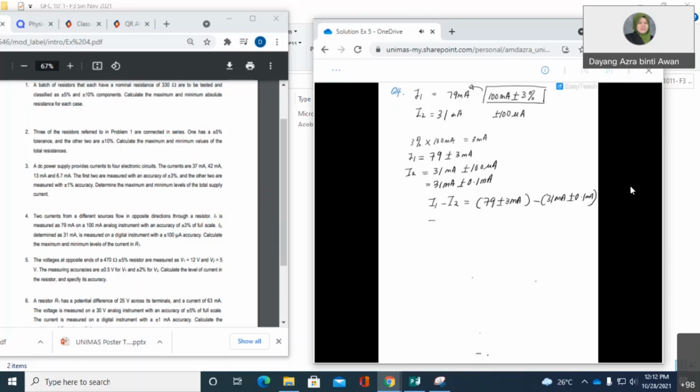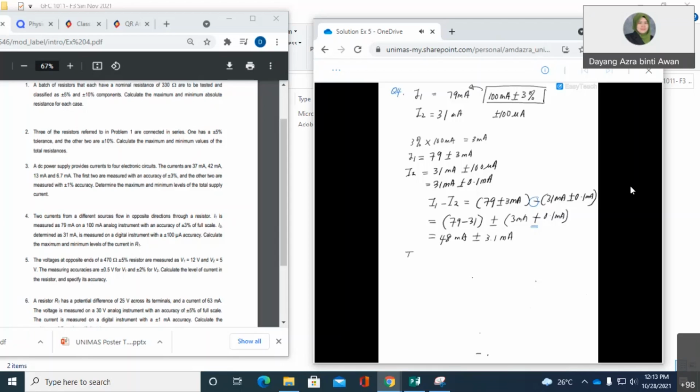So we have 75 minus 31, plus minus 3 milliamp plus 0.1 milliamp. Bear in mind this is error, so the errors must be added up, even though you have a minus here. From here, subtracting the currents, we have around 44 milliamp, and the accuracy is 3.1 milliamp.